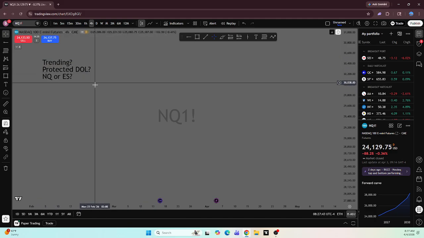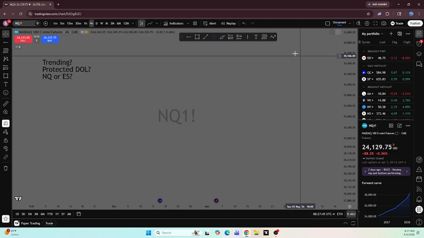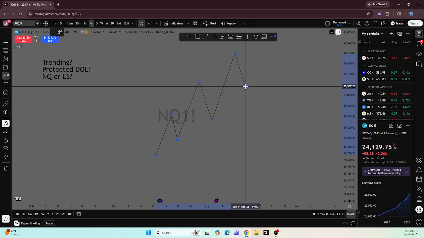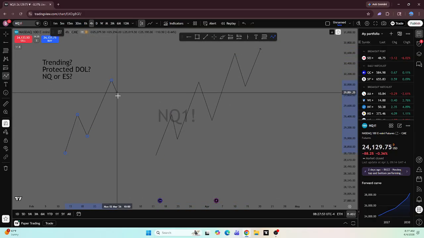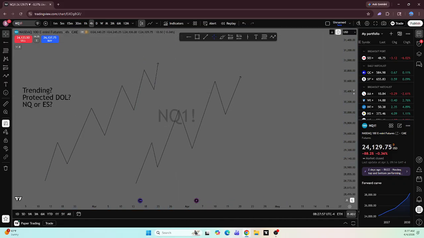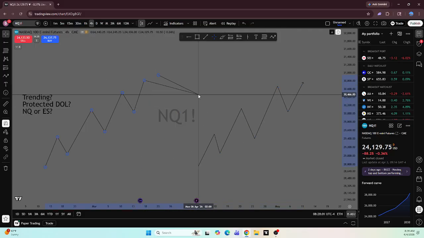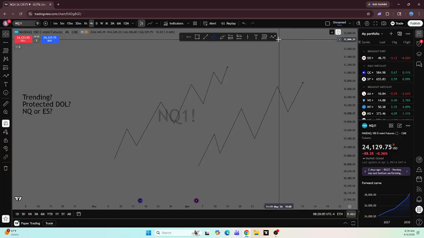Lastly, we got NQ or ES. So NQ and ES move together. Let's say they're both going like this, both trending upwards. One's NQ, one's ES. Let's say this is NQ, this is ES. Let's say we hit something like this.